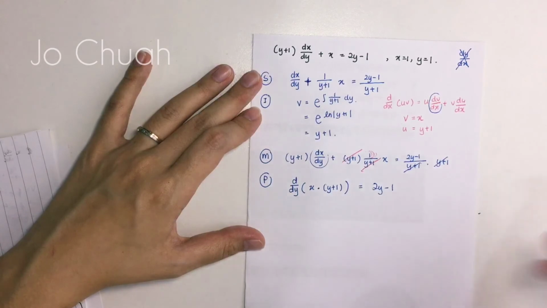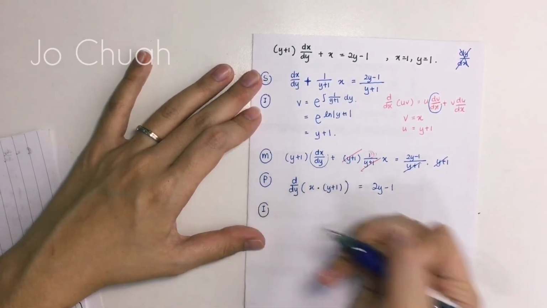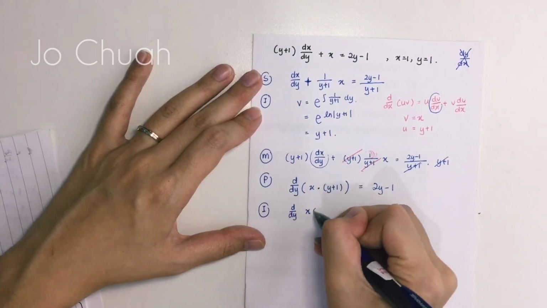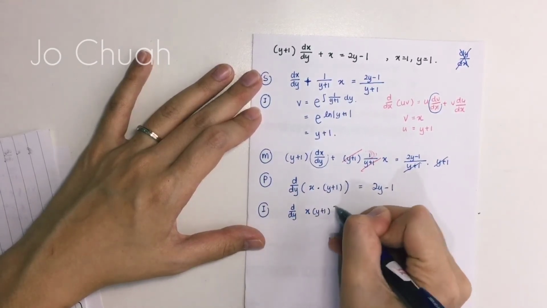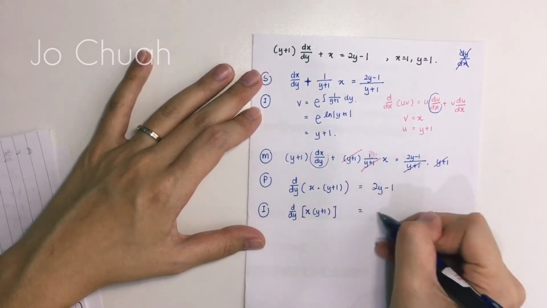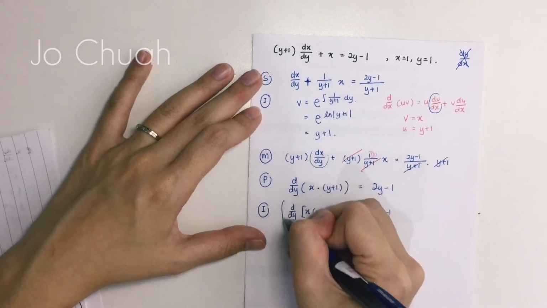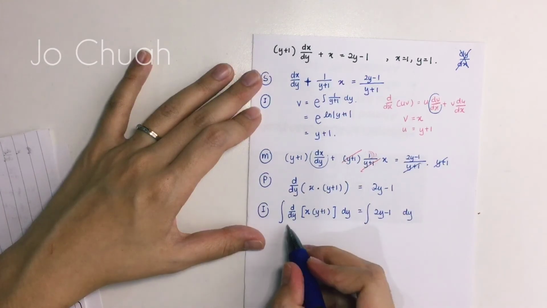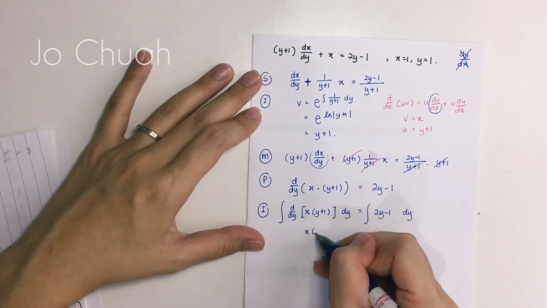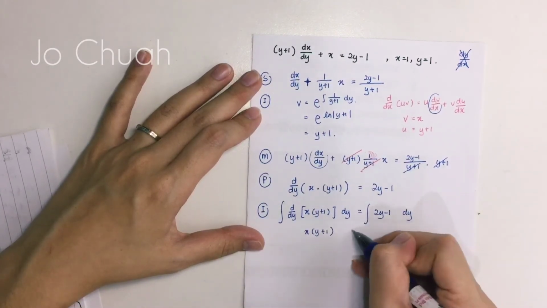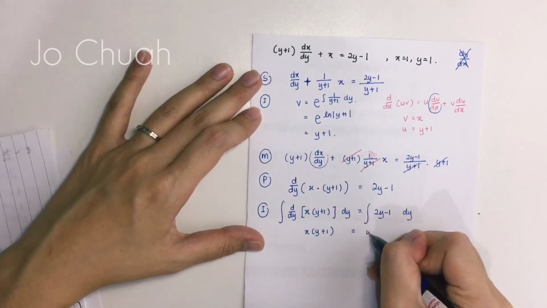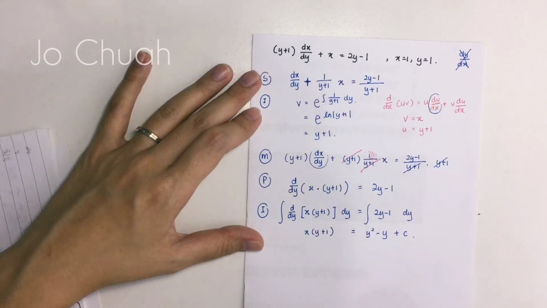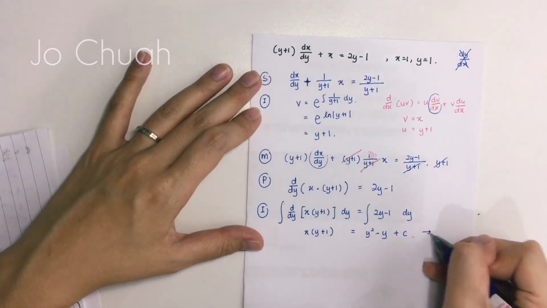Okay? For the last step, you're going to integrate both sides. So I'm going to copy again x, y plus 1, bracket for them, 2y minus 1, integrate in terms of y. So this one will cancel out. What you're going to be left with is this one. And integrating this one, y squared minus y plus c. Alright? This is the general solution.